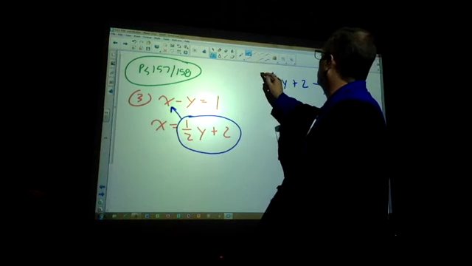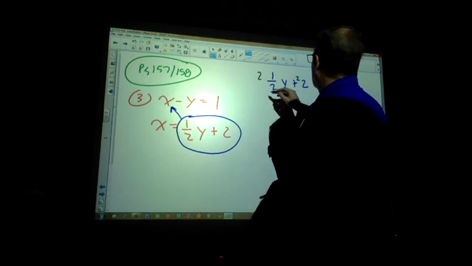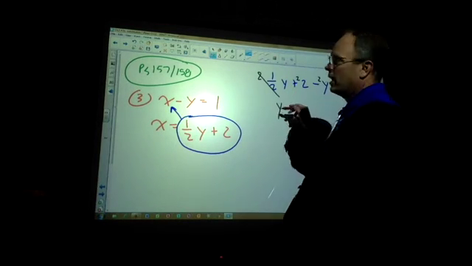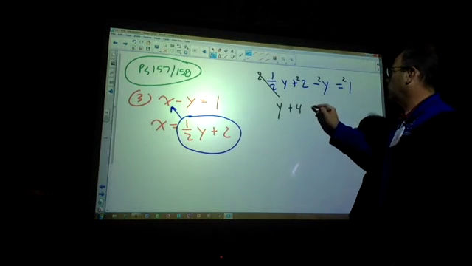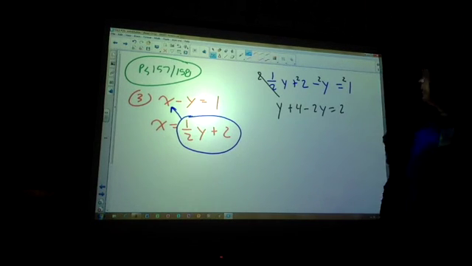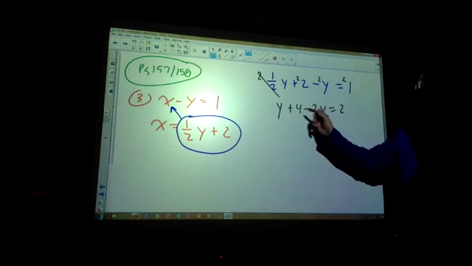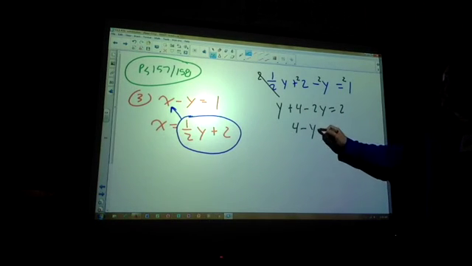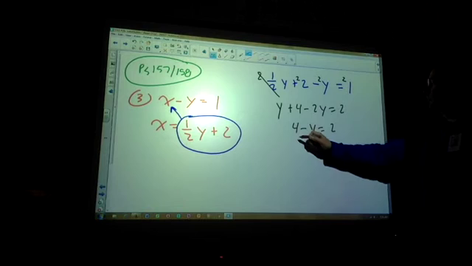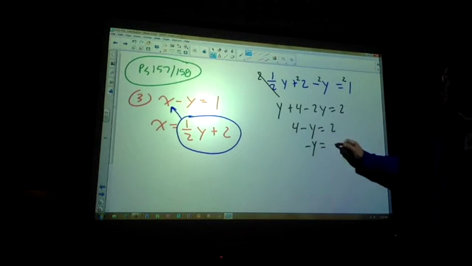That gives me y plus 4 minus 2y equals 2. Combine the like terms, so I get 4 minus y equals 2. Subtract 4 from both sides. So y is equal to positive 2.